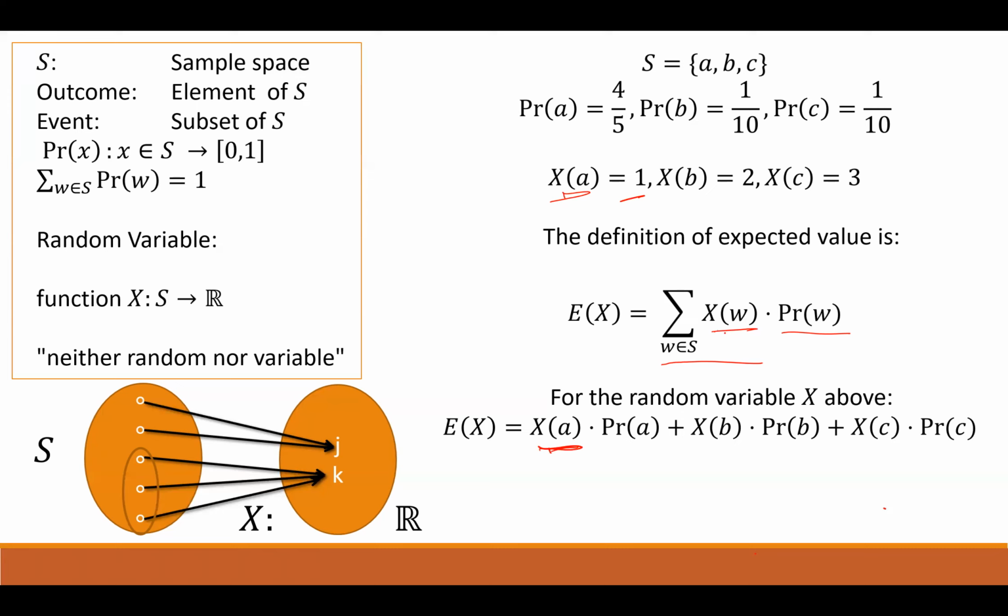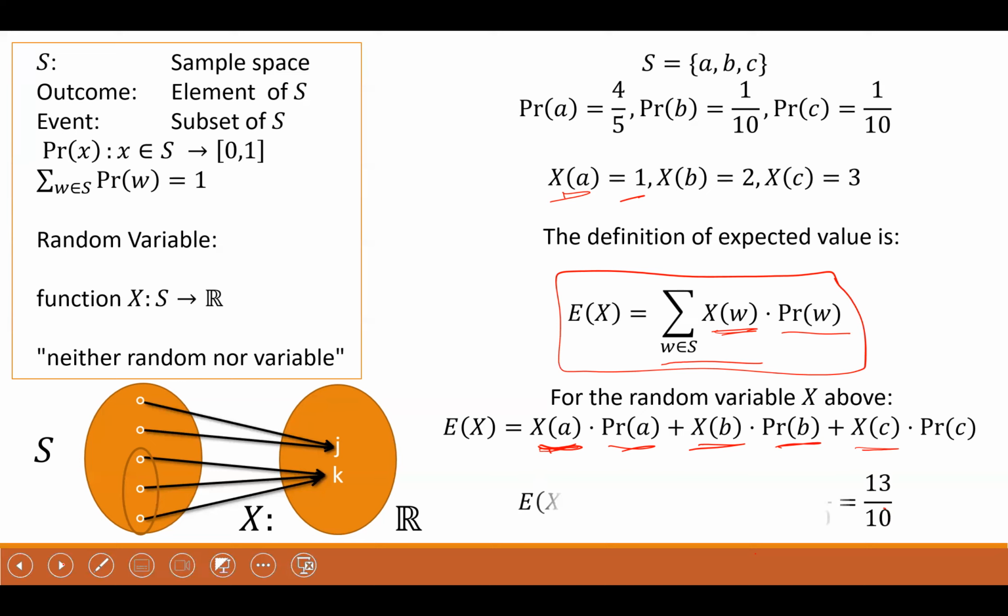I've selected A, I plug it into my random variable function, multiply times the probability that I get A. Plus B, I plug it into my random variable X times the probability that I get B. And C into my random variable X times the probability that I get C. So this is our official definition of expected value, and this will give you the weighted average of any experiment and given a random variable X.